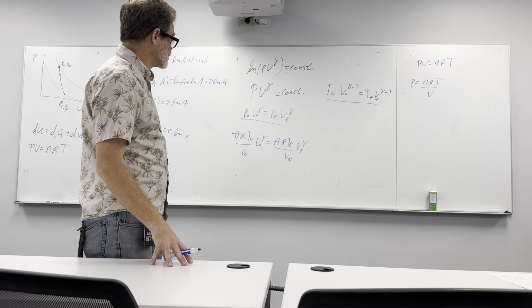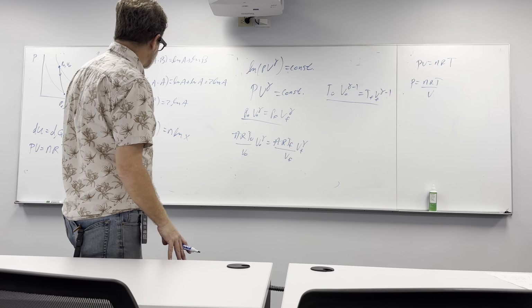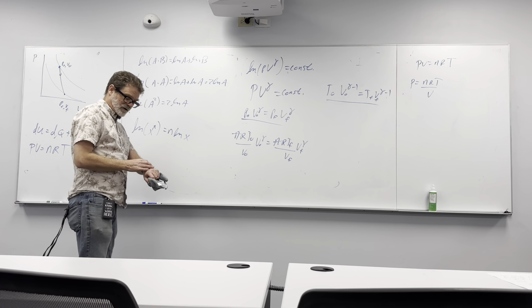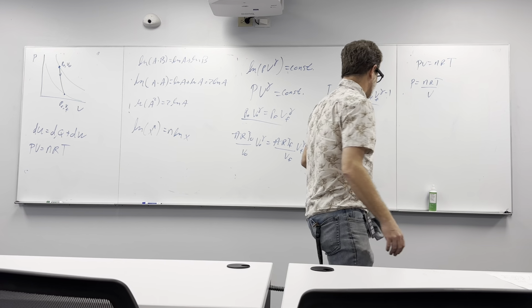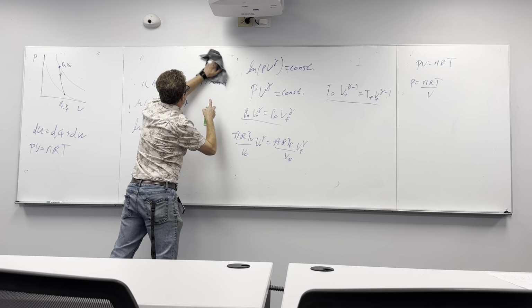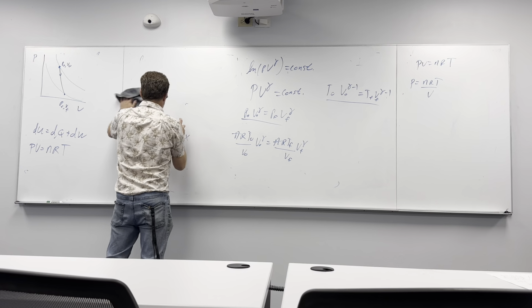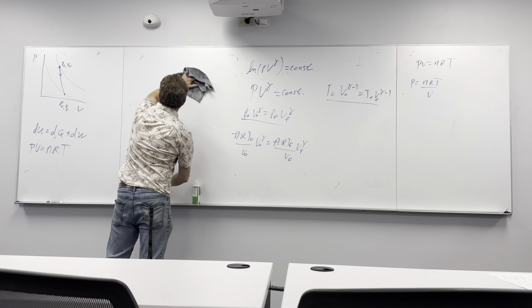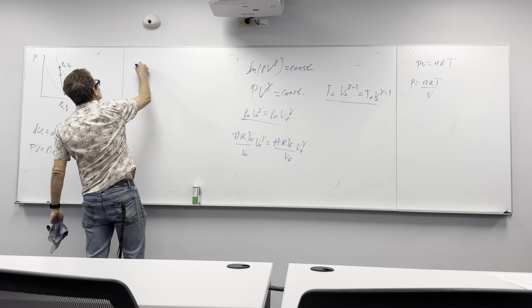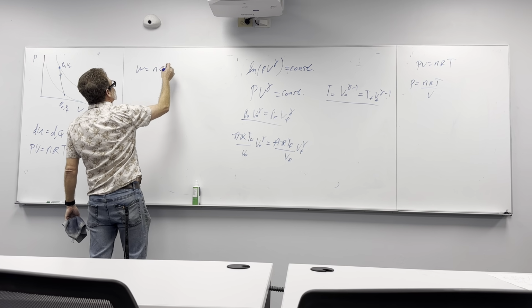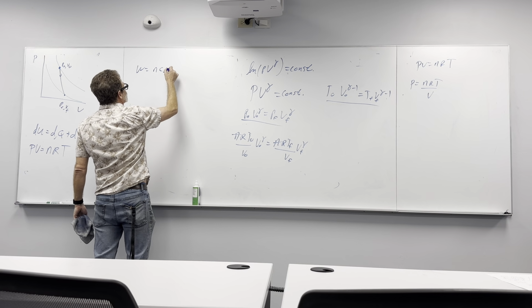Let's see. Can we get work in terms of P and V on here? Just a try. We have a little bit of time. What was the work again for an adiabatic process, anybody remember? The work was nCV delta T, right?